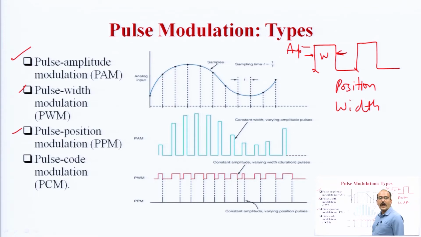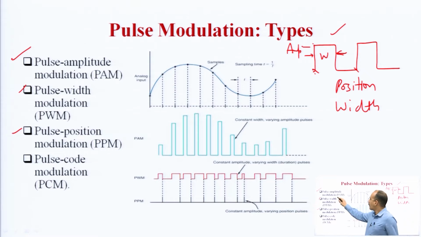How is it going to be performed? You can easily see here. This is your carrier signal, and this is your input signal. What you are doing here is modulating this pulse as per the input signal, meaning these pulses are going to take samples of this input analog signal.